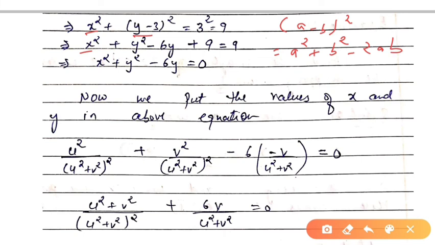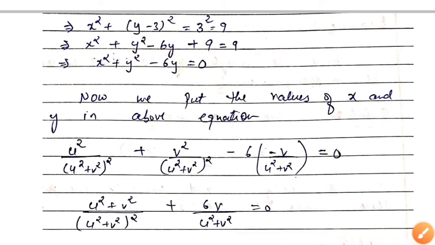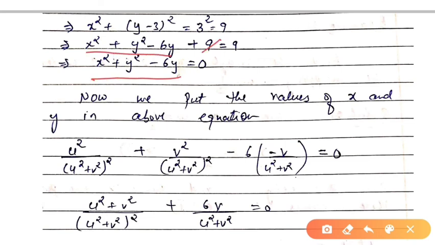Our a is y, so y square minus 2ab will be minus 6y, plus b square, that is 3 square equal to 9, and this 9 is over here. Now I will simplify this. This term will be as it is, and the 9 will get cancelled. So you get the equation x square plus y square minus 6y equal to 0.